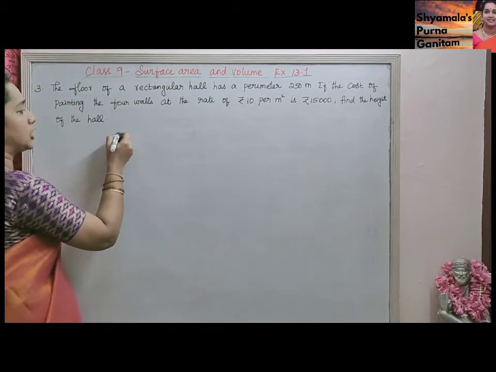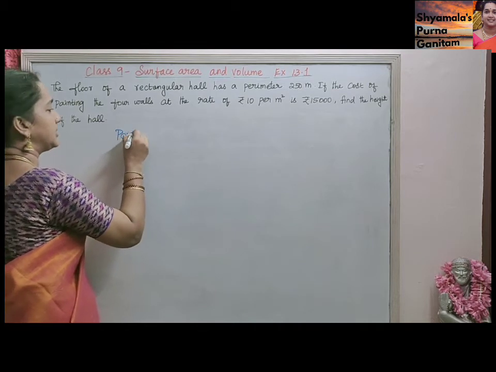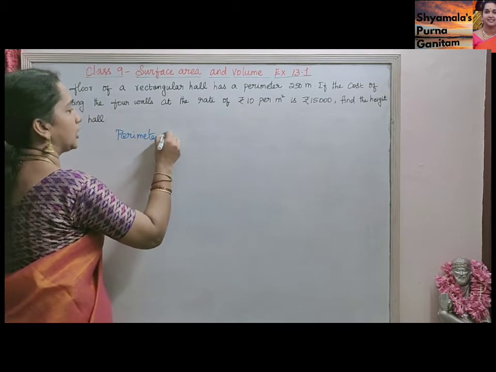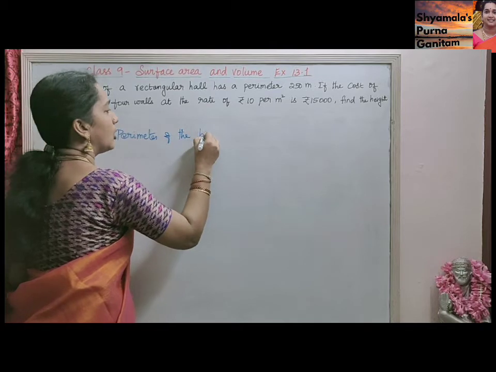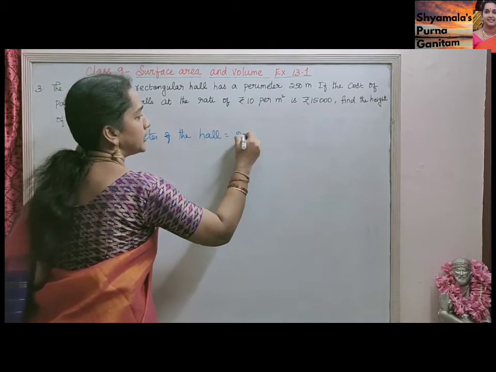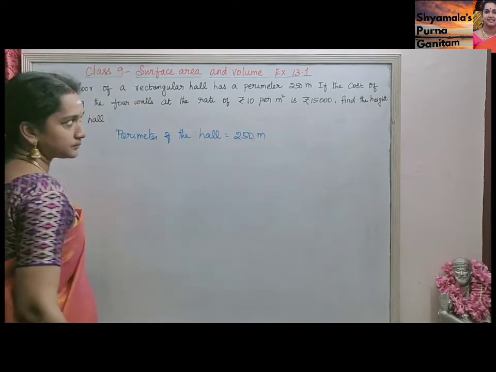So first we will write what are all the things given. Perimeter of the hall is equal to 250 meter.